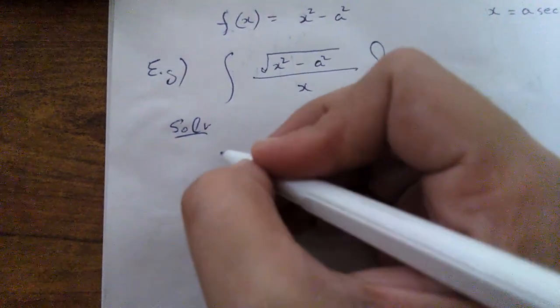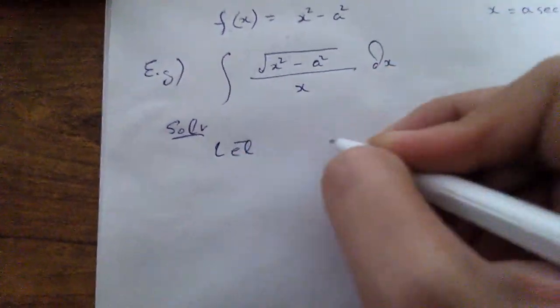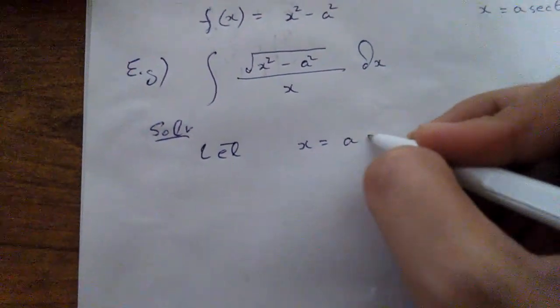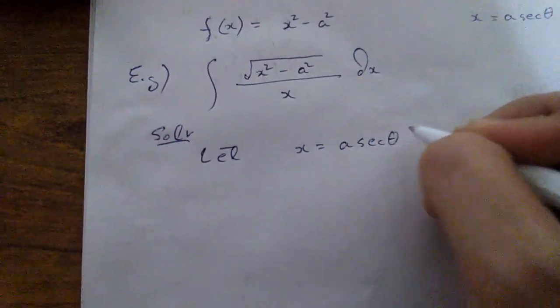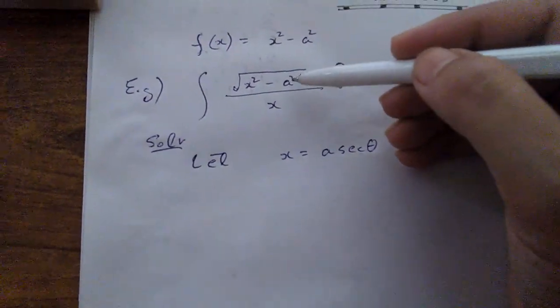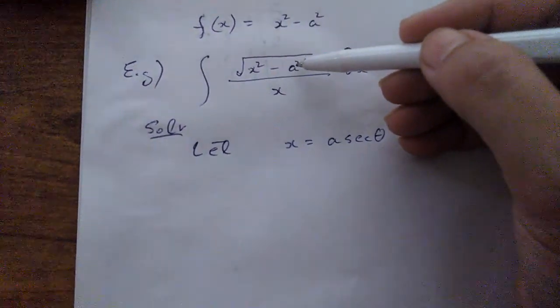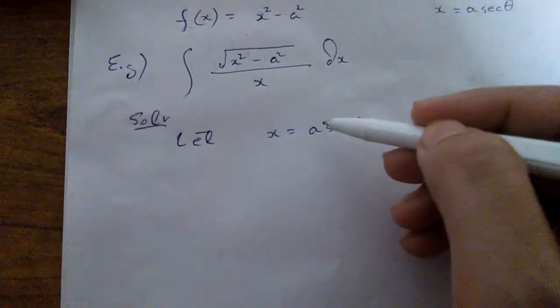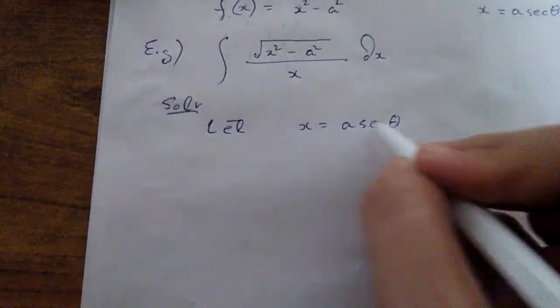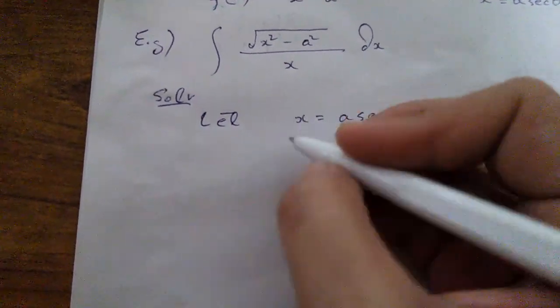Let us assume that x is equal to a sec theta. You can have any number at this position, but in this example, constant a is provided as a, so that's why we are using this. Now let us differentiate both sides with respect to the original variable.